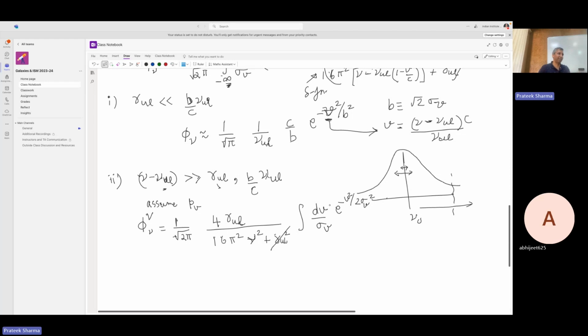Essentially, this will give you 1. You have integrated over the delta function, which gave you 1. So your Voigt profile in the tails is given by this expression. So you can ignore this. This is how it looks.